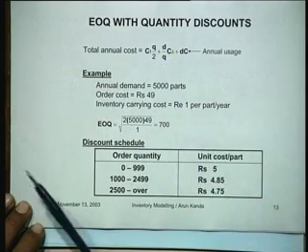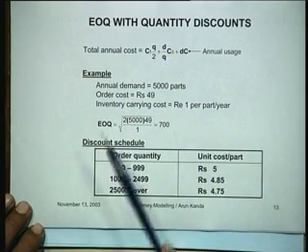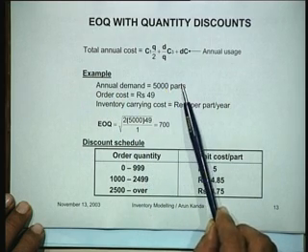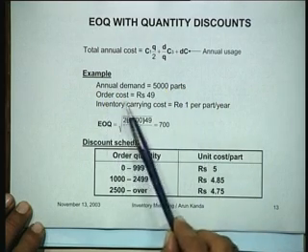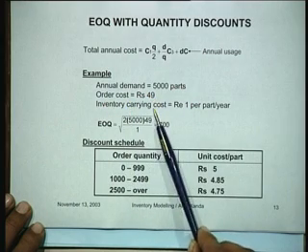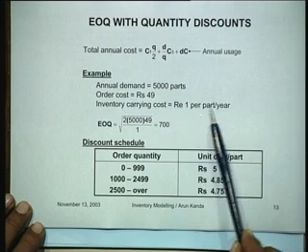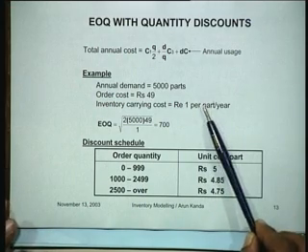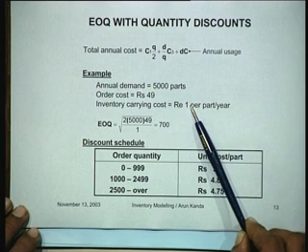So if you take a small example, let's say that the annual demand is 5,000 parts for a certain item, the order cost is rupees 49, and the inventory carrying cost is rupee 1 per part per year. To store each part per year we are paying a cost of 1 rupee, so this is the holding cost.